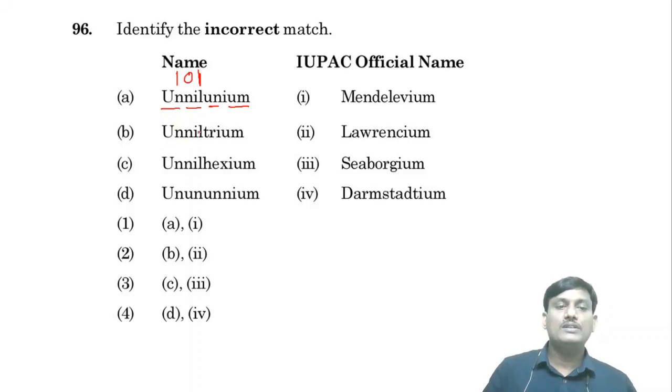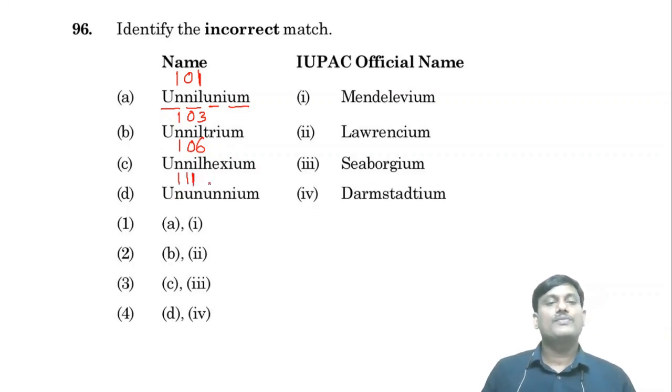What is the atomic number? 1, 0, trium 3, 1, 0. Hex means 6, hexium 106. 111. You have to identify the elements with atomic numbers 101, 103, 106, 111.